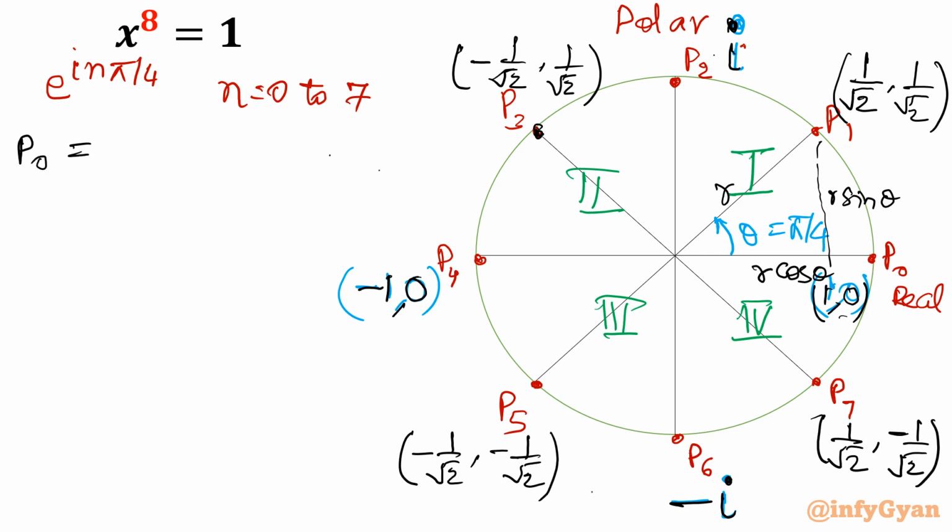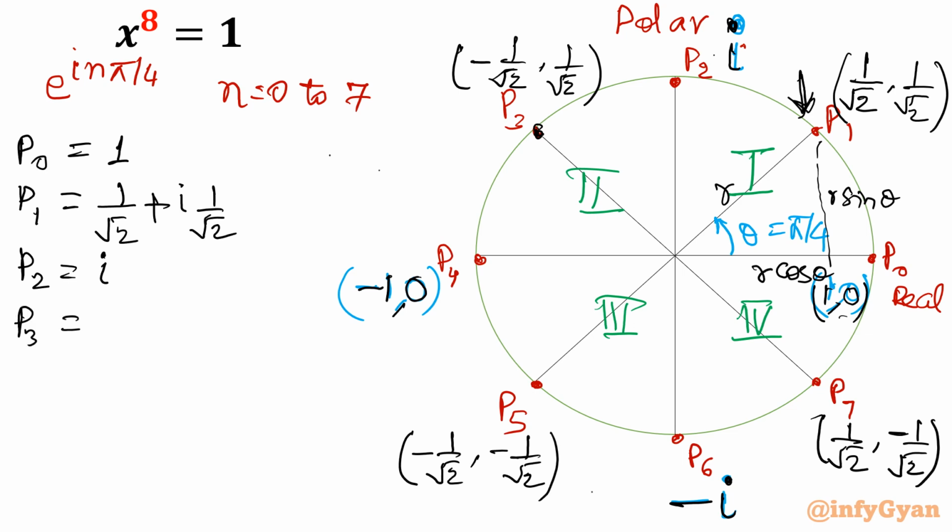P0, 1. P1, 1 over root 2. P1 means this point. 1 over root 2 plus I 1 over root 2. P2, I. P3, minus 1 over root 2 plus I 1 over root 2.